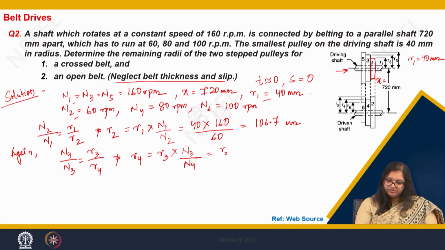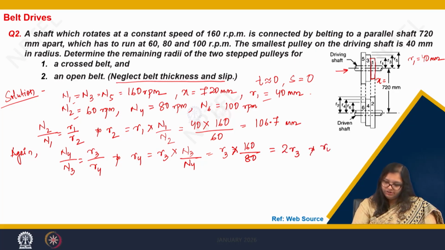So R4 is equal to R3 multiplied with 160 by 80, which is equal to 2 times R3. So my R4 here is 2 times R3.